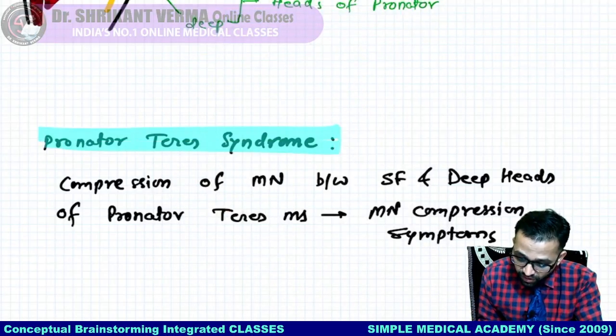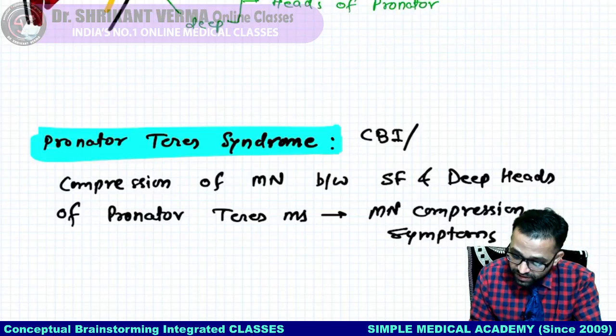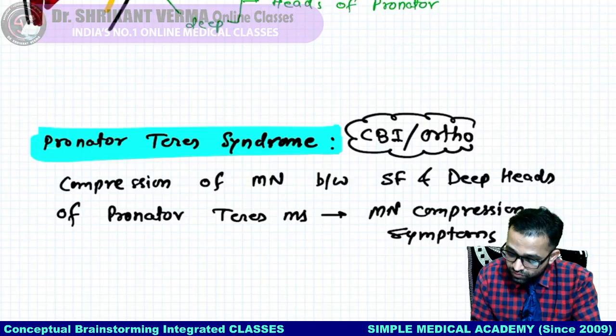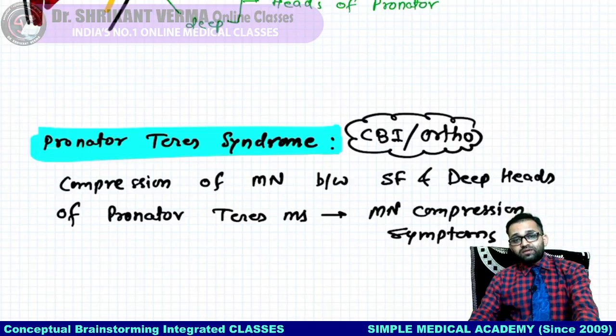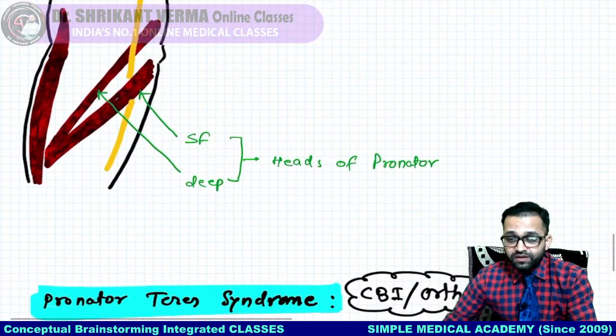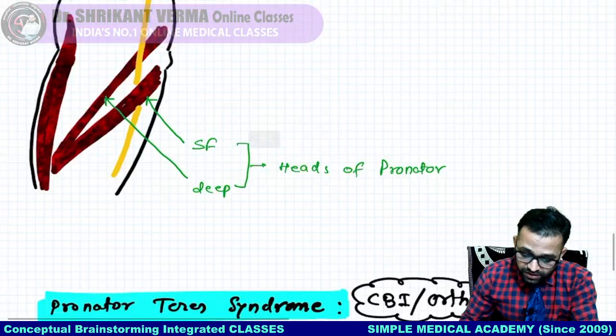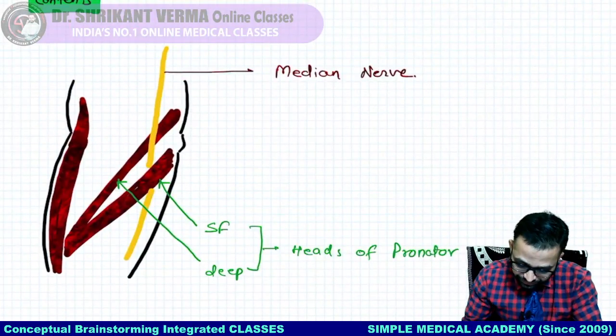Here is our orthopedics integration. This is our conceptual brainstorming integration with ortho, as well as you can say the medicine. Okay, now this is our median nerve. After this median nerve, we are going to look at the other point. There is our brachial artery.